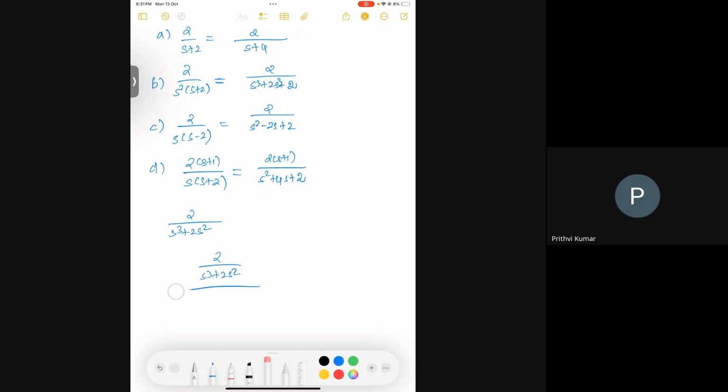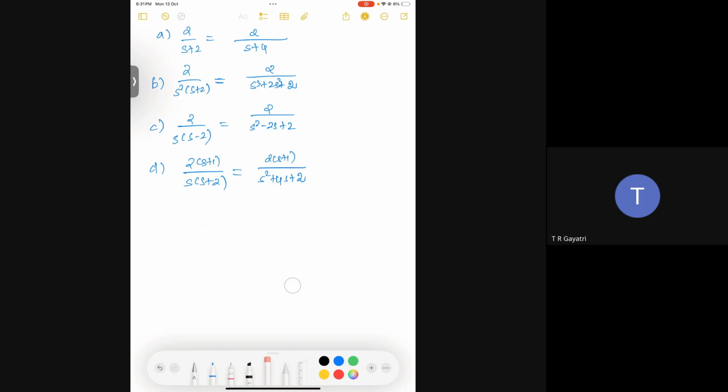Please solve by yourself. Yes, ma'am, it's correct, right? Then s into s plus 2 by s square minus 2s divided by 1 plus 2 by s square minus 2s, which gives s square minus 2s plus 2. That's correct.